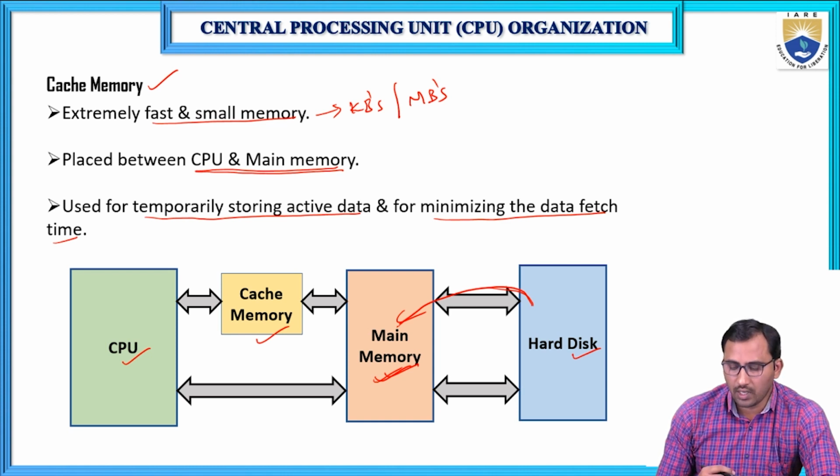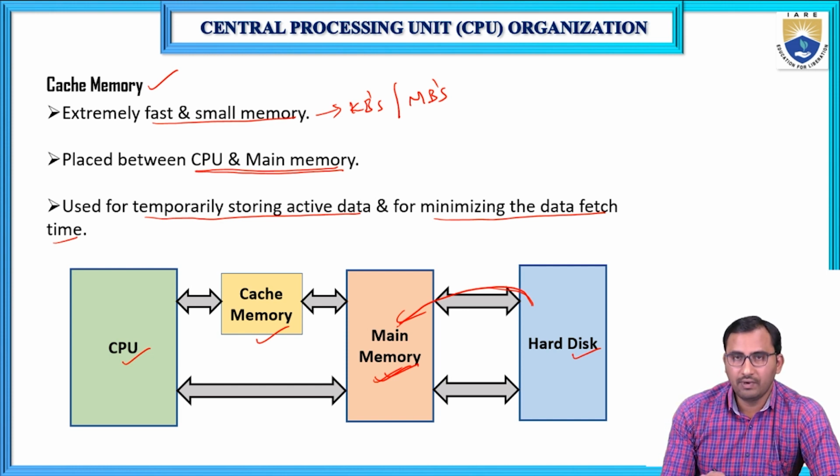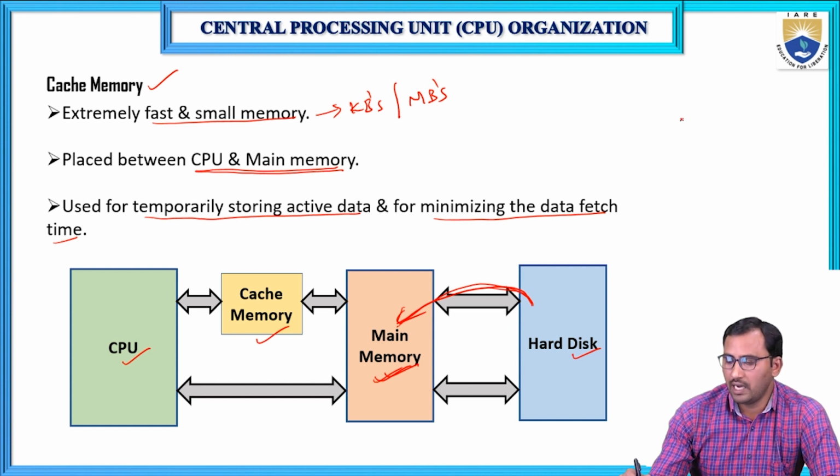So what is the use of the cache memory? See here. When the CPU wants to execute any program, it will not access it directly from the hard disk. First that program will be loaded into the main memory. From the main memory, then the CPU will access. Suppose you have multiple instructions: instruction 1, instruction 2, and instruction 3.